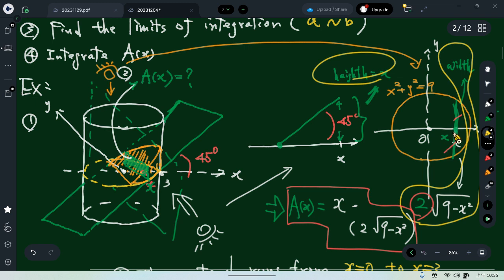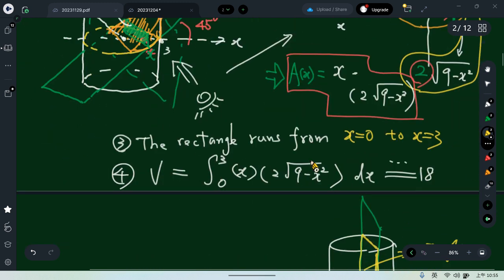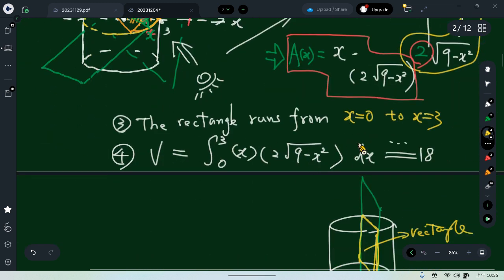And if your point is at x, then your width is double the height, right? The height is the square root of 9 minus x squared, times 2. So finally, you just calculate this one. Okay.